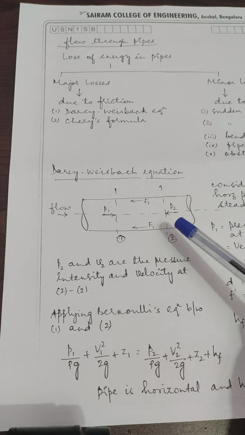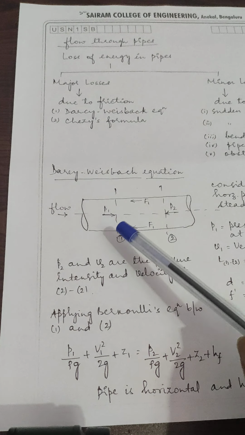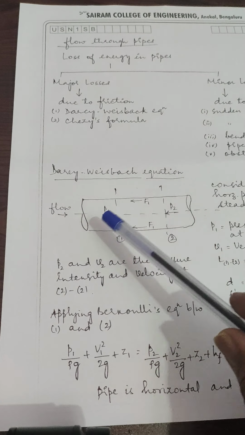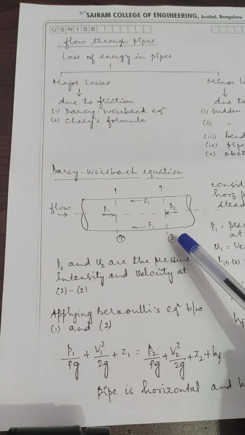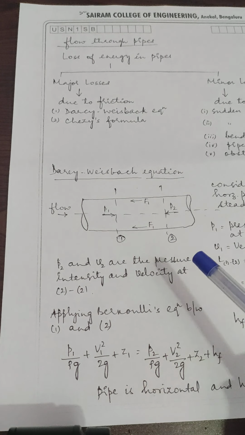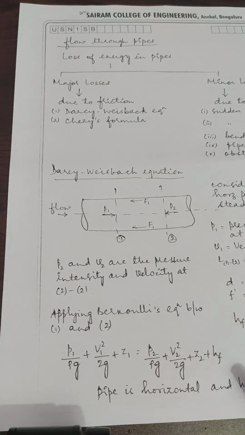If you consider section 2, we have head loss due to friction. That means between the time the flow takes place from section 1 to section 2, there will be some loss of energy from section 1 to section 2. That is due to friction. Head loss is nothing but energy loss.